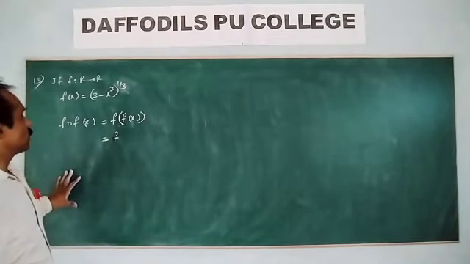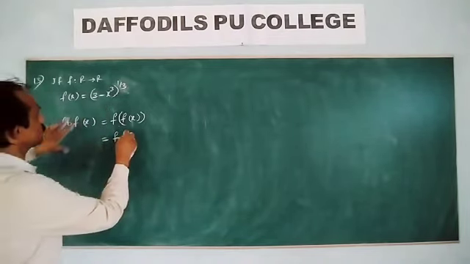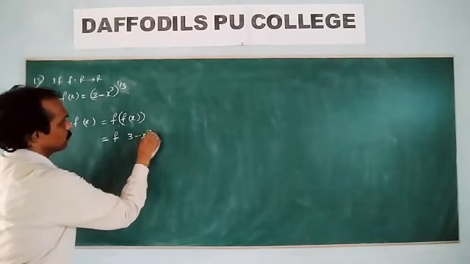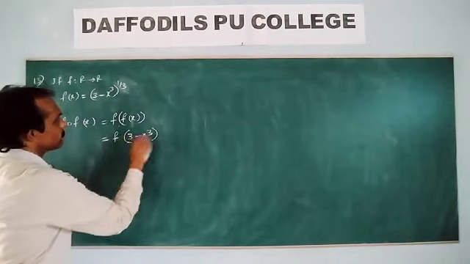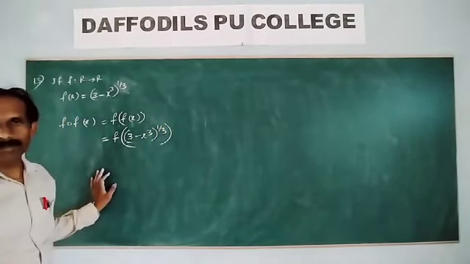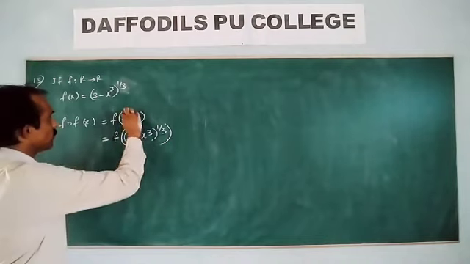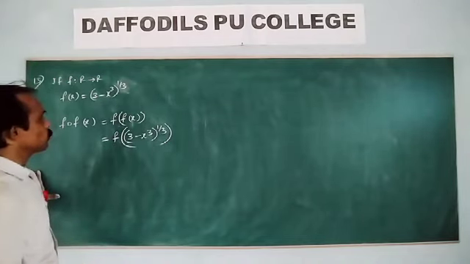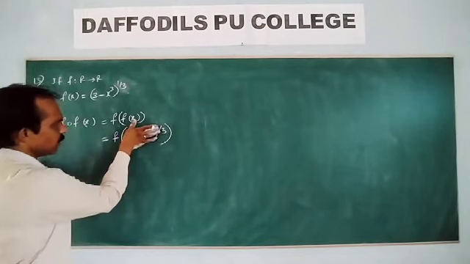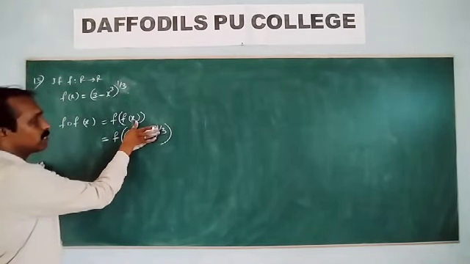What is f of x? f of x is equal to (3 minus x cube) whole power 1 by 3. Now this total is treated as f of x.